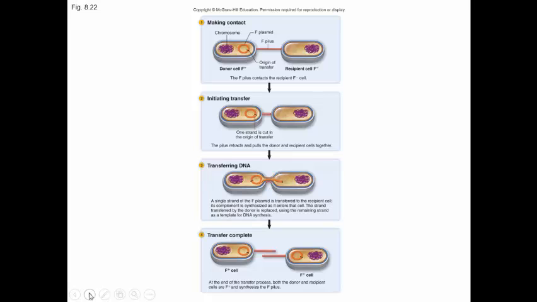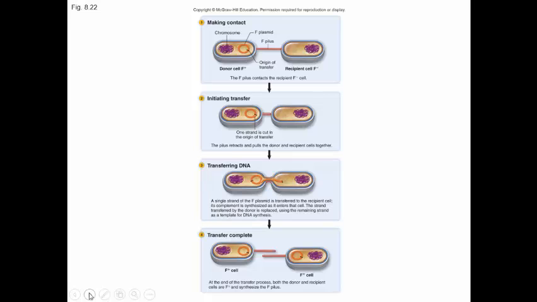Now, you have to understand also, on plasmids can be other genes, not just genes for F, but for antibiotic resistance, for having new particular traits, let's say pili, or for having other metabolic capabilities.